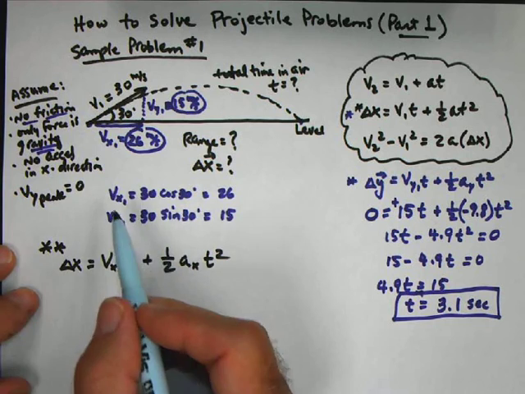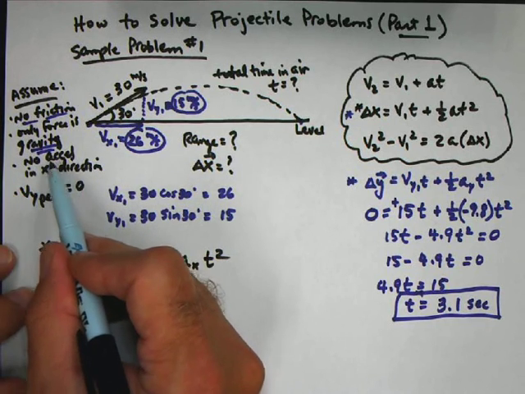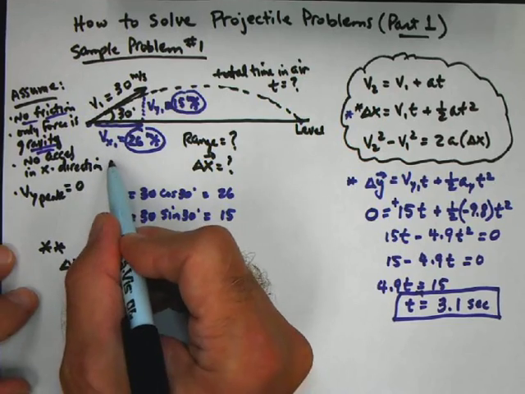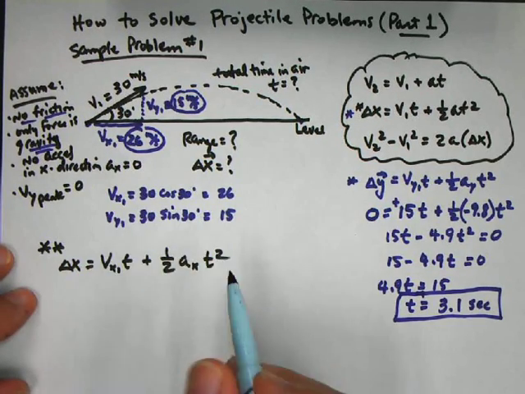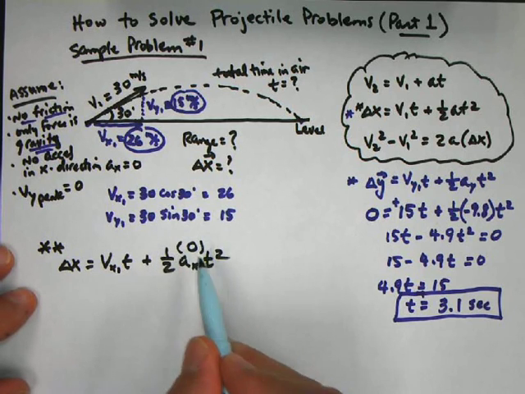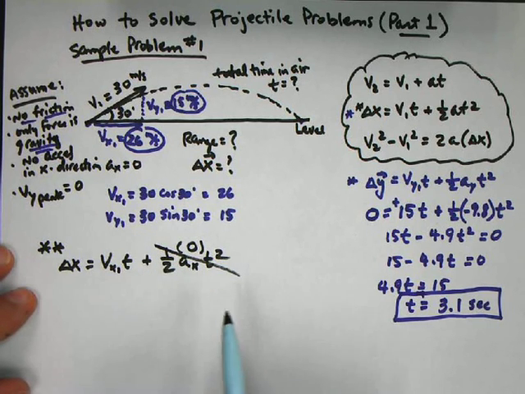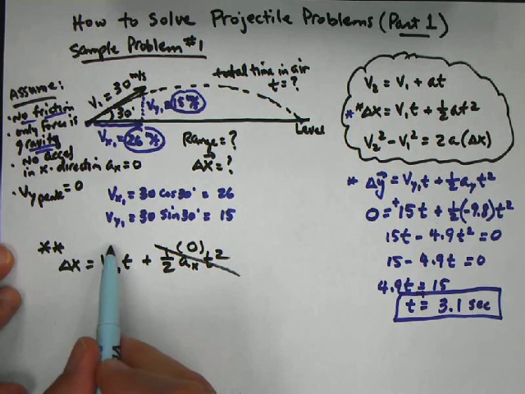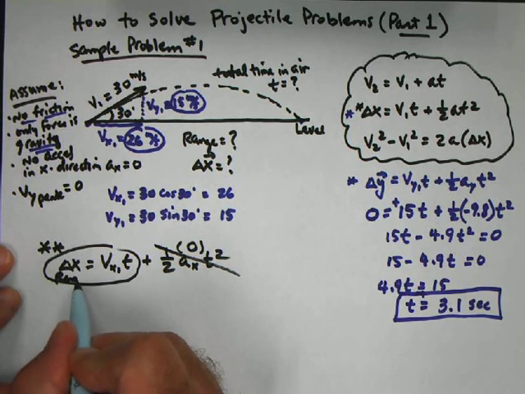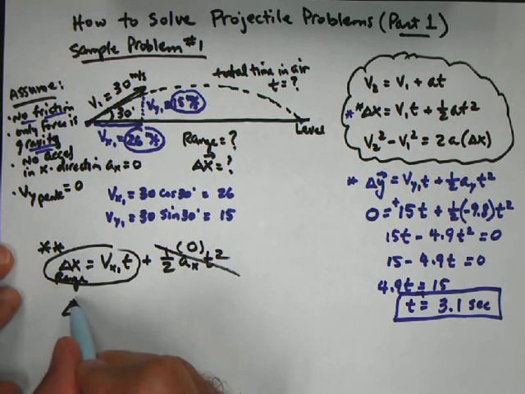But what is the acceleration in the x direction? There's no acceleration in the x direction, is there? Acceleration in the x direction is 0. So that means that's 0. Half times 0 times t squared is just 0. So that whole term drops off, and it just leaves us with this to find the range.